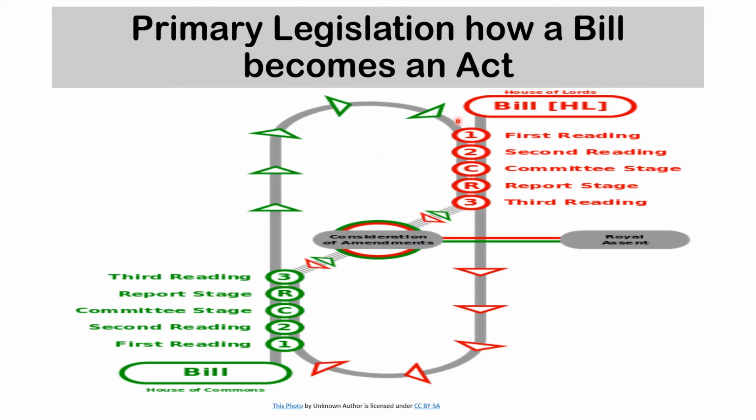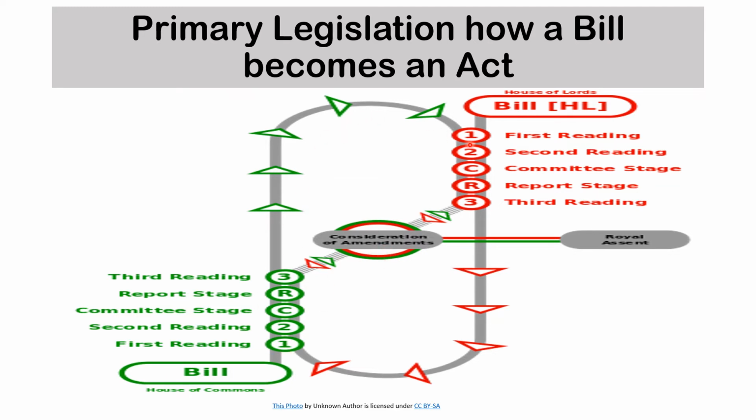The bill goes for approval to the House of Lords, which may amend as they go through their process, and finally it comes out the other end and gets royal assent.